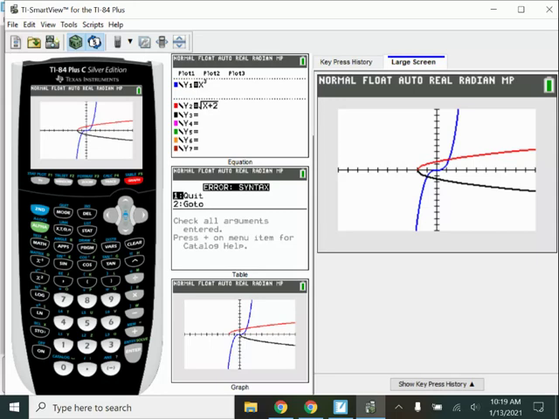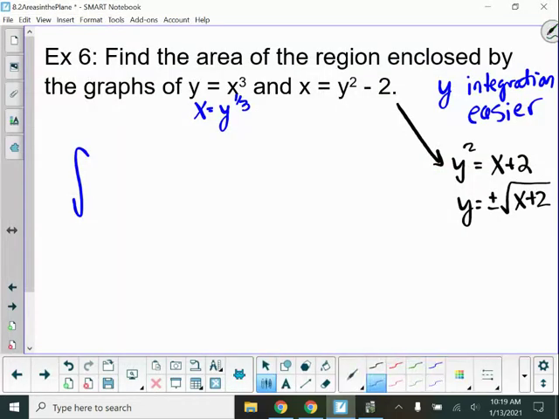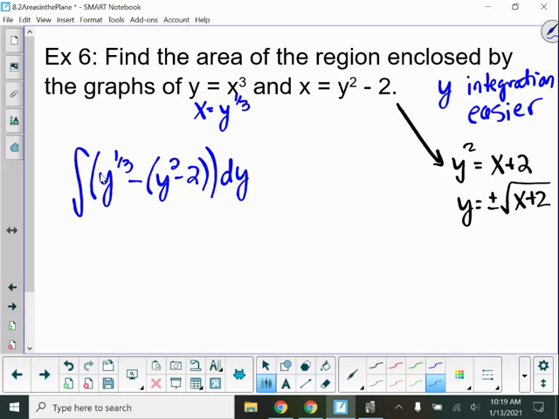So it looks like the blue curve is always going to be on the right, and the red and black curves are always going to be on the left. So whenever I set up what I'm doing, the blue curve is the y to the 1/3 power, and then the other curve is the y squared minus 2. And again, that's dy.